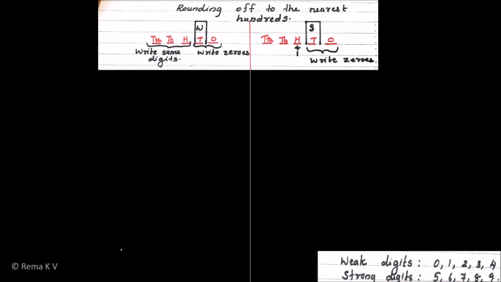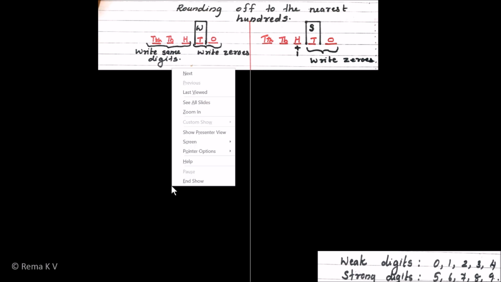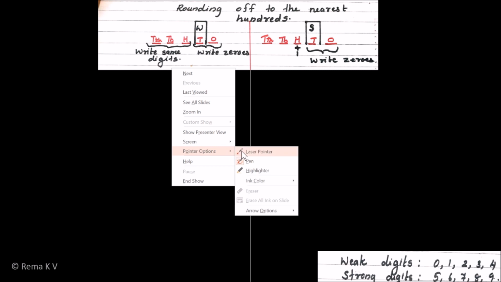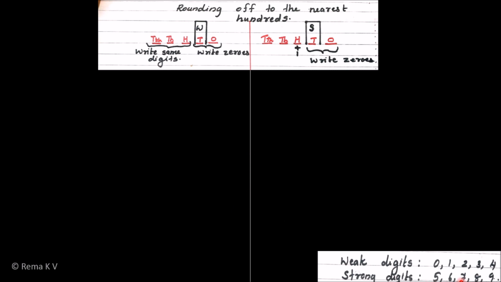So before moving to that, we have to start with the digits which we are using. We are using the digits 0, 1, 2, 3, 4, 5, 6, 7, 8, 9.